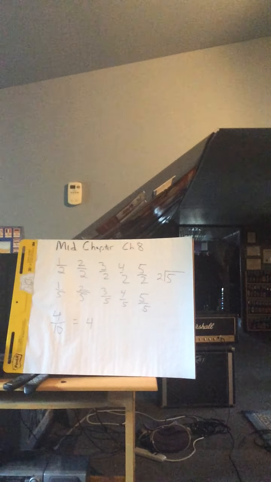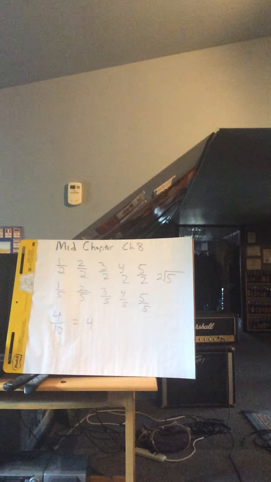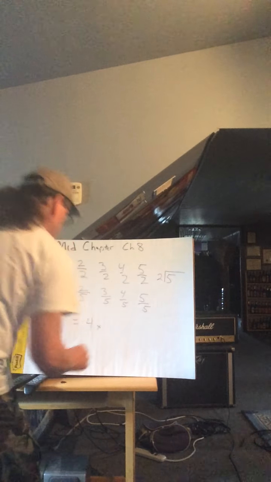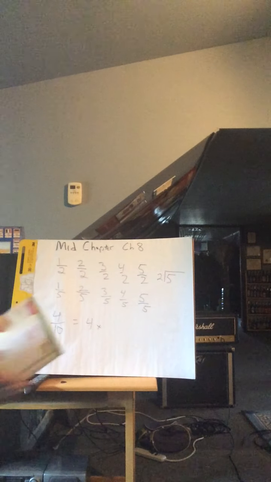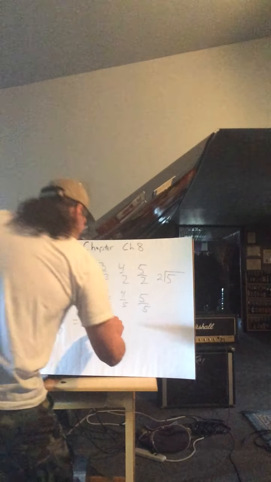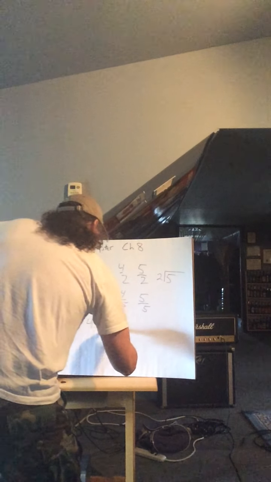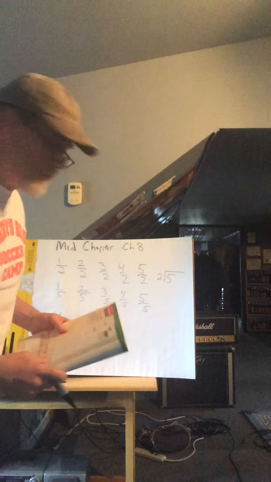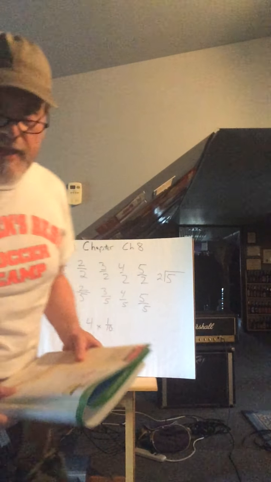Our denominator is 10. How do we get 4/10? We do 4 times, what's your denominator? 10. That's our unit fraction, 1/10. So 4/10 equals 4 times 1/10.